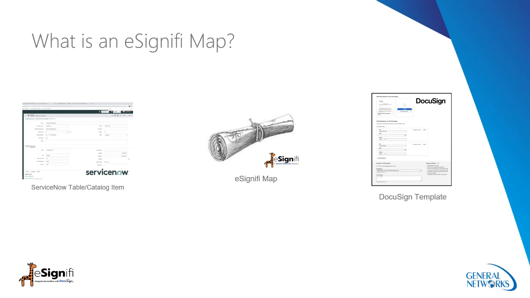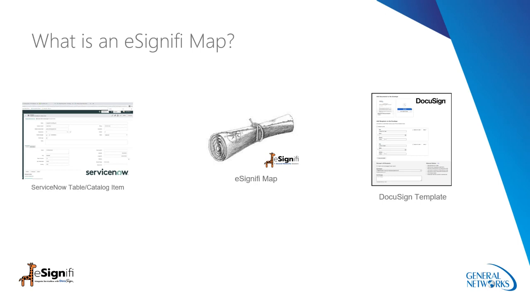One of the most important concepts in eSignify is an eSignify map, and we're going to be using that extensively during the demo. An eSignify map really controls the flow of data between ServiceNow and DocuSign. In ServiceNow, we have tables and catalog items, and in DocuSign, we have templates.